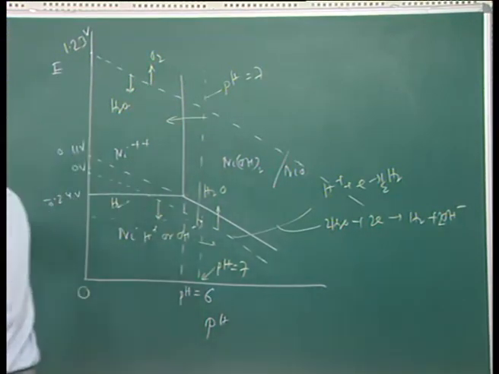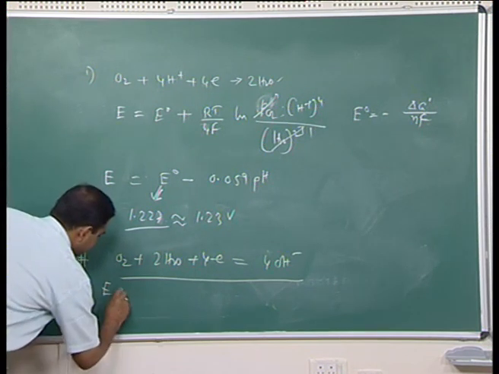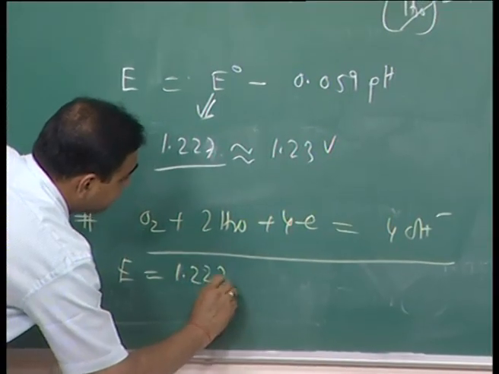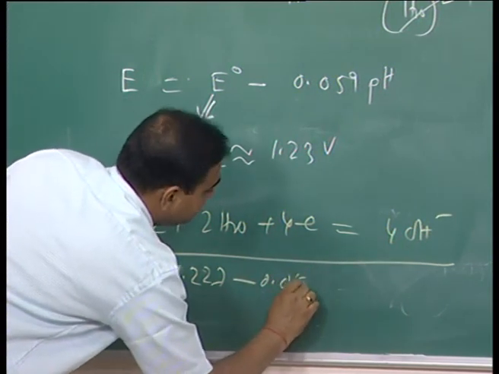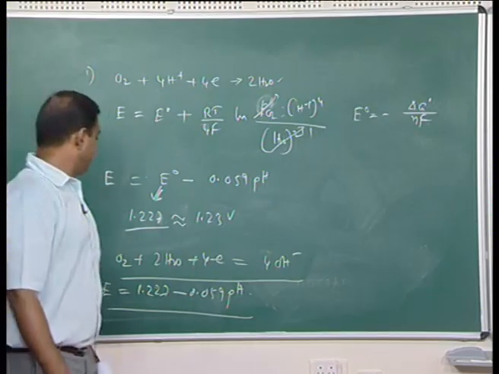The way I have done the calculations for the earlier two reactions, hydrogen ion reduction and H2O reduction, same way if you do this operation and write the Nernst equation, you would get the same relation, 1.227 minus 0.059 pH.